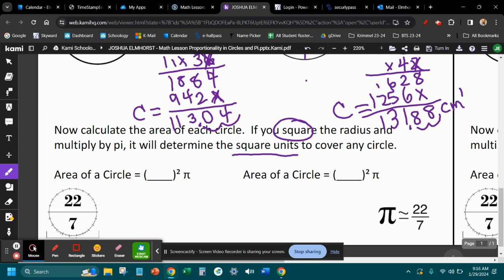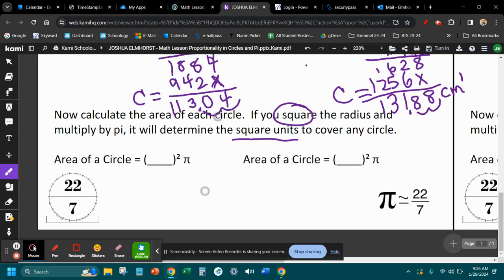And for circles, we're going to square the radius and multiply that times pi. So we have radius squared times pi, or the diameter divided by 2 squared times pi.